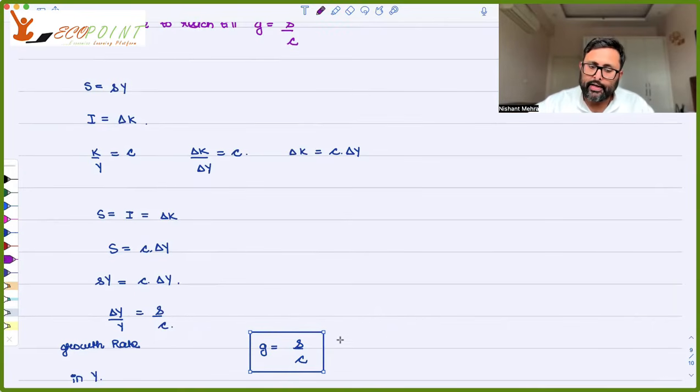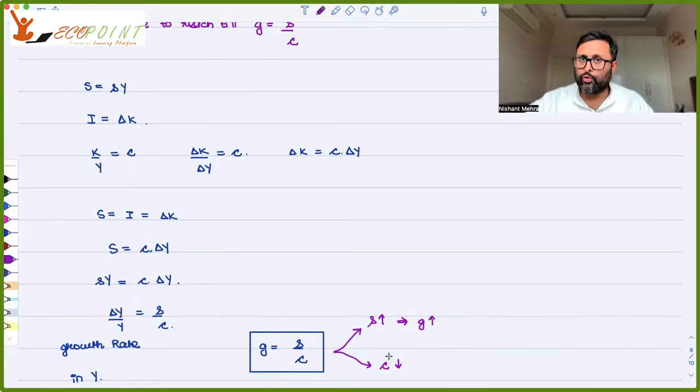From here, we can say that the growth rate is going to be higher if the savings rate is higher. If the savings rate is higher, it would mean that the growth rate of the economy is also going to be higher. If the capital output ratio is lower, that means that capital is more efficiently used. Less capital is producing more output.